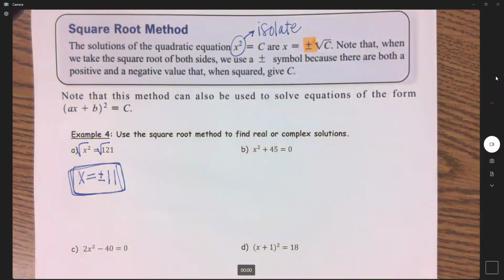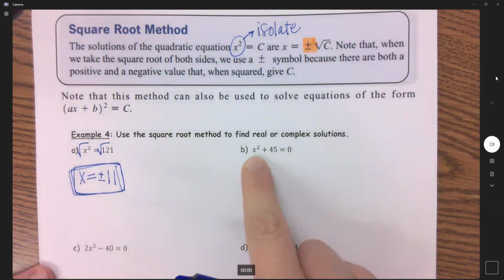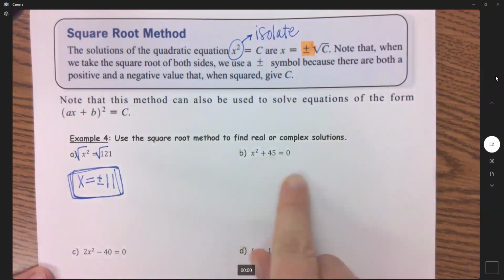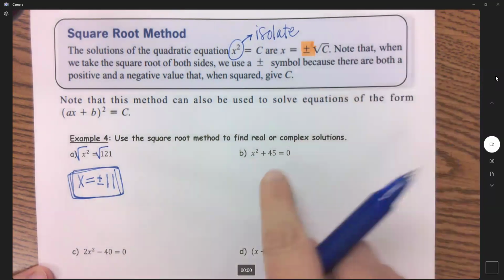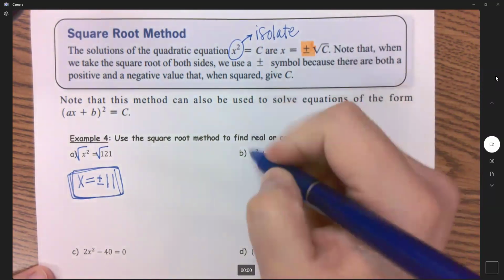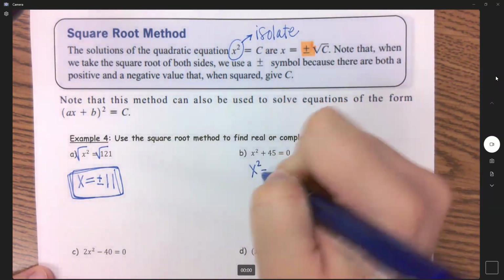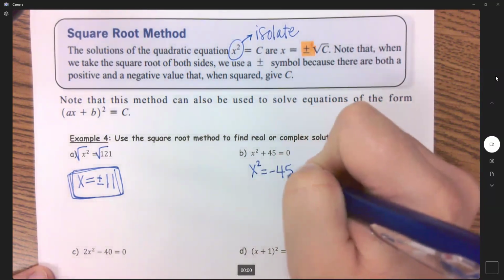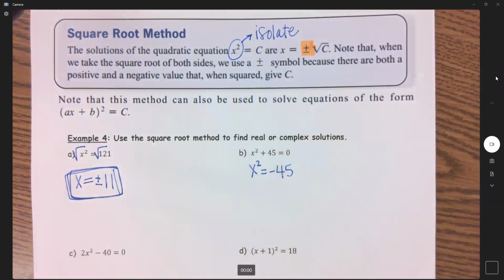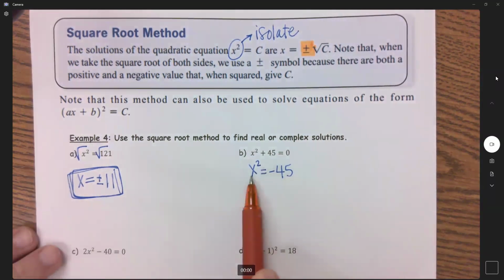Okay, so let's use that to kind of go forward here. Part B, we have x squared plus 45 equals 0. So the first thing I need to do is isolate and get this x squared portion by itself. So we need to subtract that 45 over. And so we get x squared equals negative 45. And then we're going to take the square root.